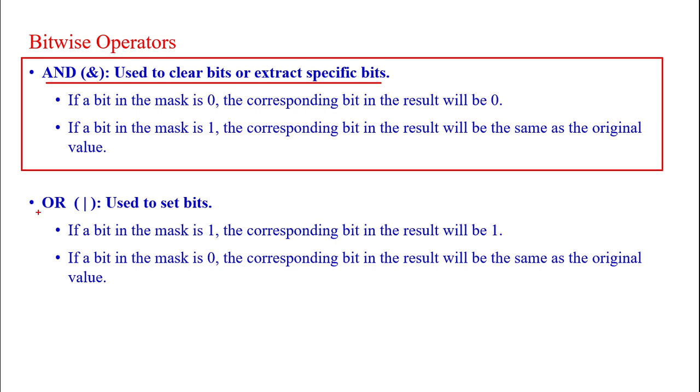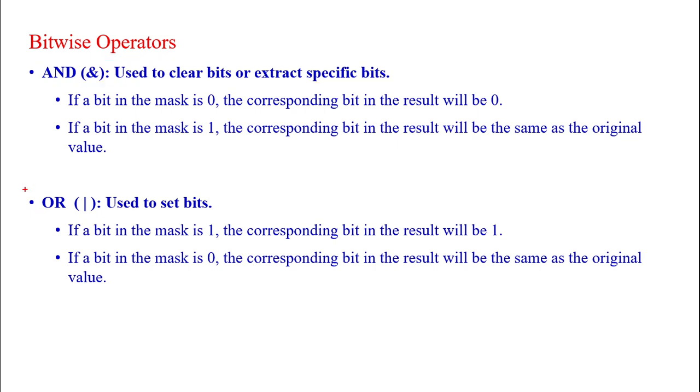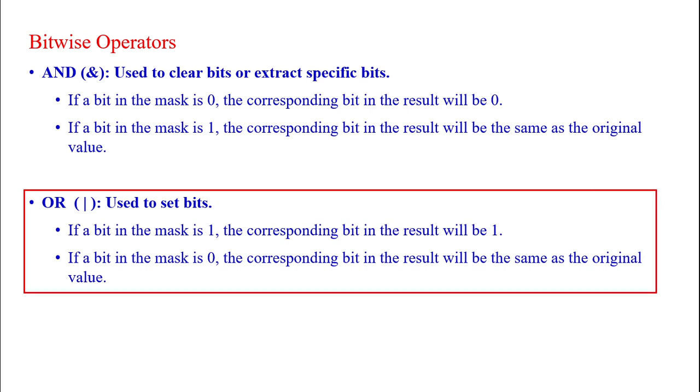Okay. Next one, the bitwise OR operator. The bitwise OR operator is used to set the bits. So your bitwise AND operator is used to clear the bits, and the bitwise OR operator is used to set the bits. How to set that, I'll give you one example, then you will understand.